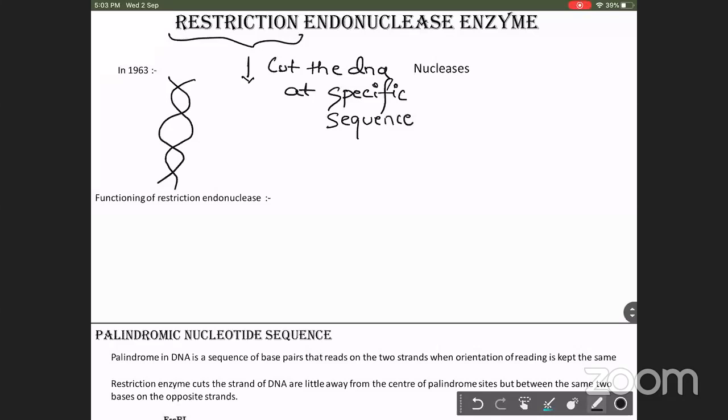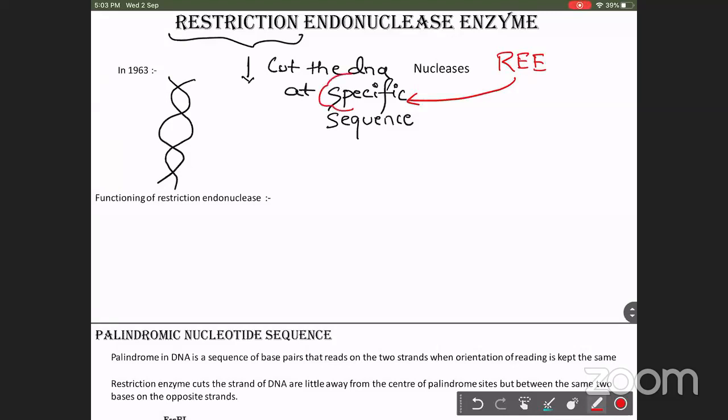It means we have a numerous number of restriction endonuclease enzymes, not just one or two. Each and every restriction endonuclease enzyme has its own specific sequence, meaning each is going to cut at a particular specific sequence.